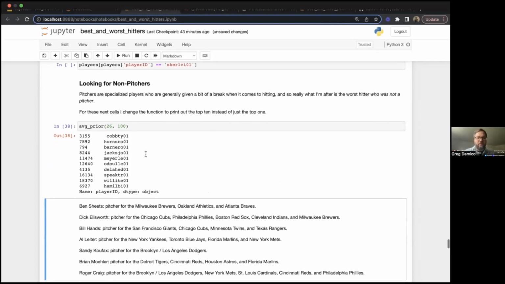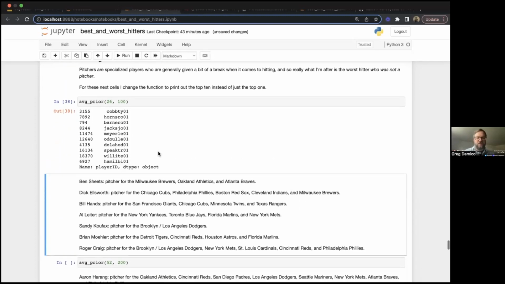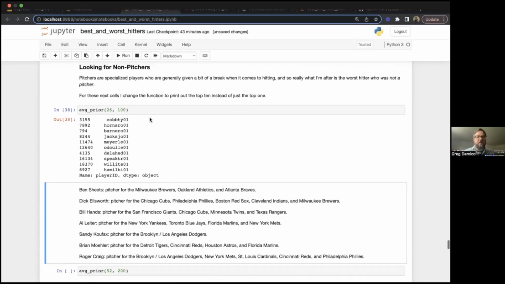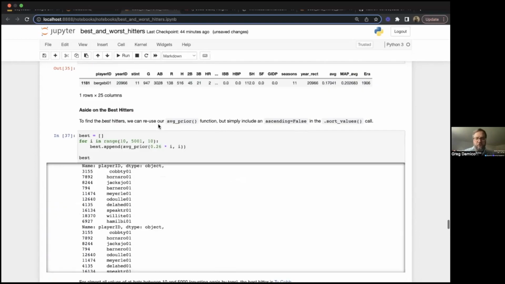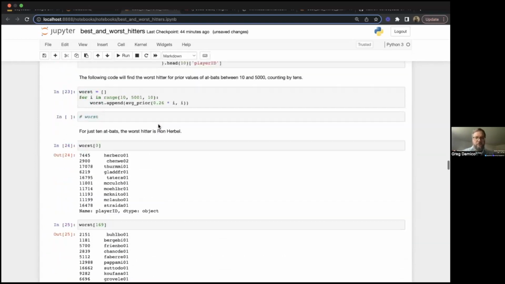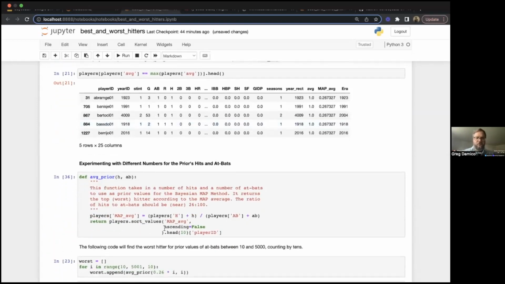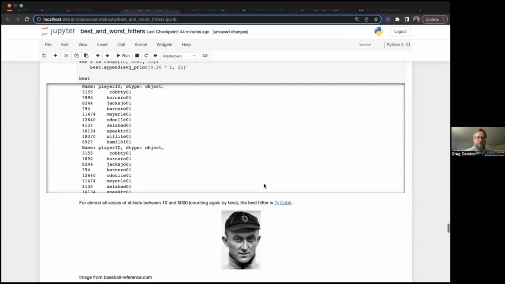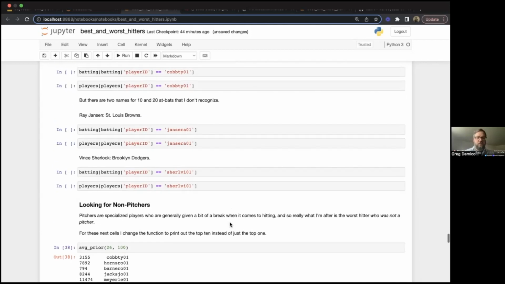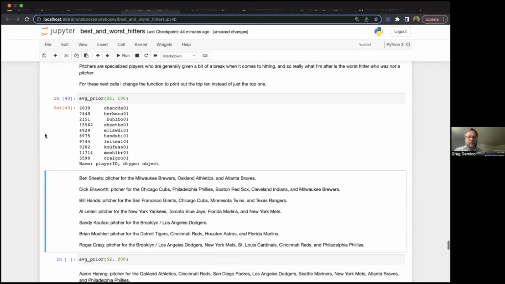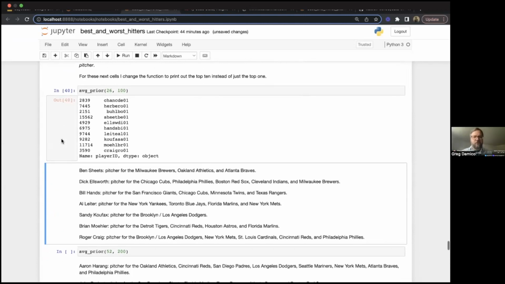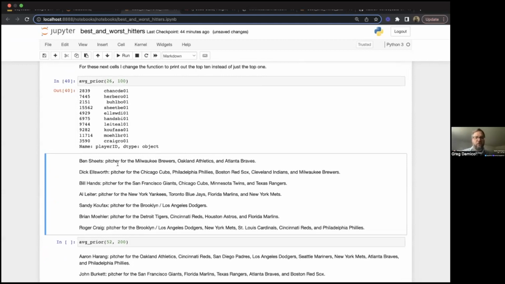So here, I've got my list. Oh, sorry, I want to go back to the worst. That's back to being the best. I'm going to comment that out and rerun that. So here are my worst hitters again, and I've got several pitchers in here.